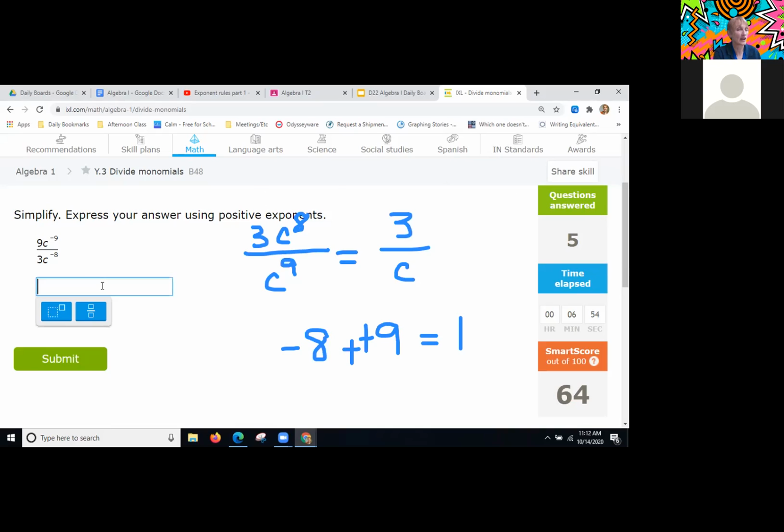Most of my students find it's easiest just to rewrite it. If they're negative, switch spots and then do the problem. Now, this one, they both switched because they were both negative. But if only one's negative, then that's the only one that needs to switch places.